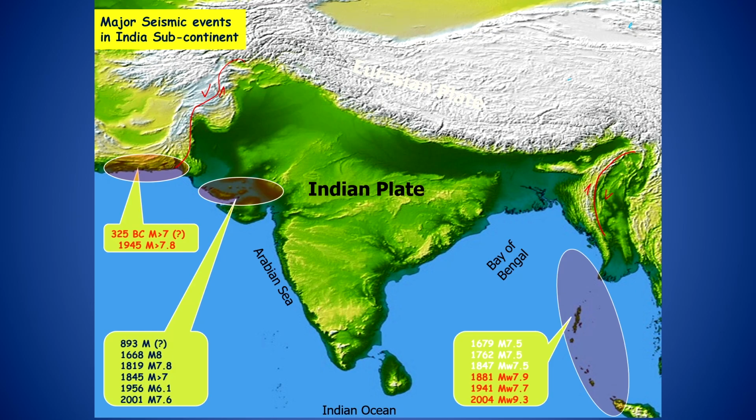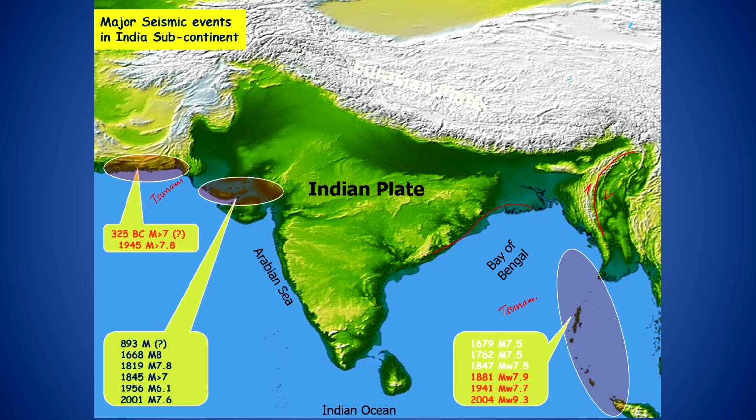Like the Andaman Nicobar area, which is capable of hosting earthquakes up to 9.2 to 9.3, which was experienced in 2004, and that area had multiple earthquakes in the past also. So we have a twofold threat here: strong ground shaking in this area, plus tsunami. And if you go to the western portion, we have the Makran subduction zone, which also poses a tsunami threat.